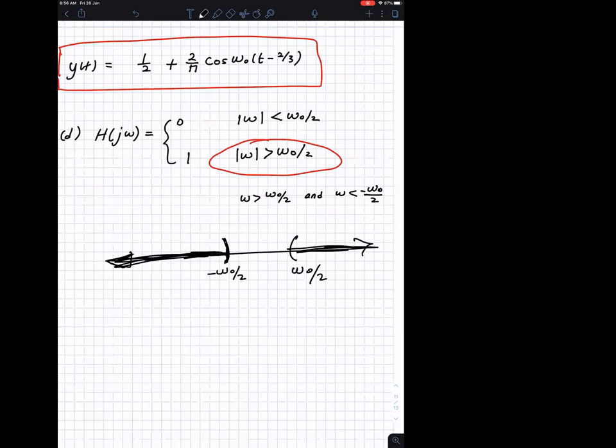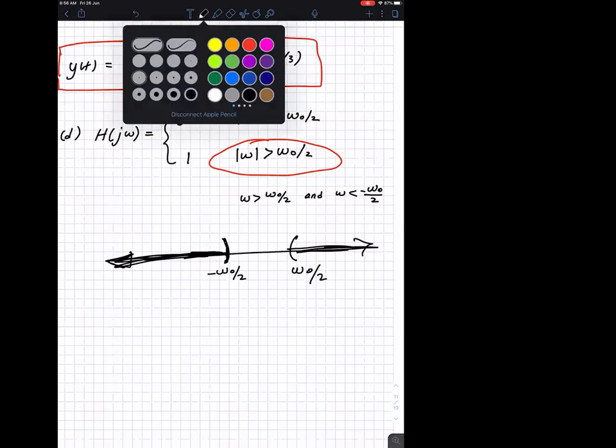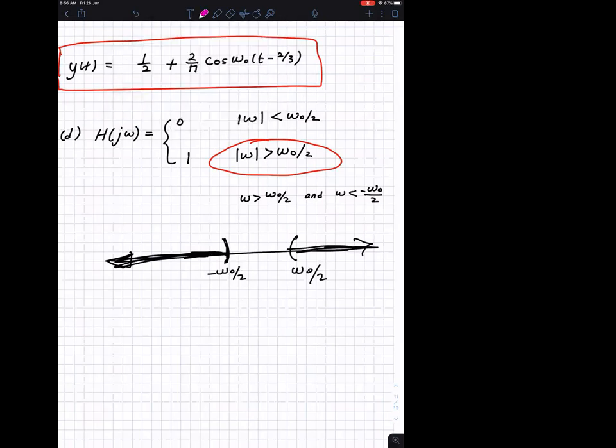Signals will be passed through. This is the pass band. So what's here in the middle? When omega is 0, it is getting filtered out, which happens to be 2 pi over 2. The DC, only DC is getting filtered out.